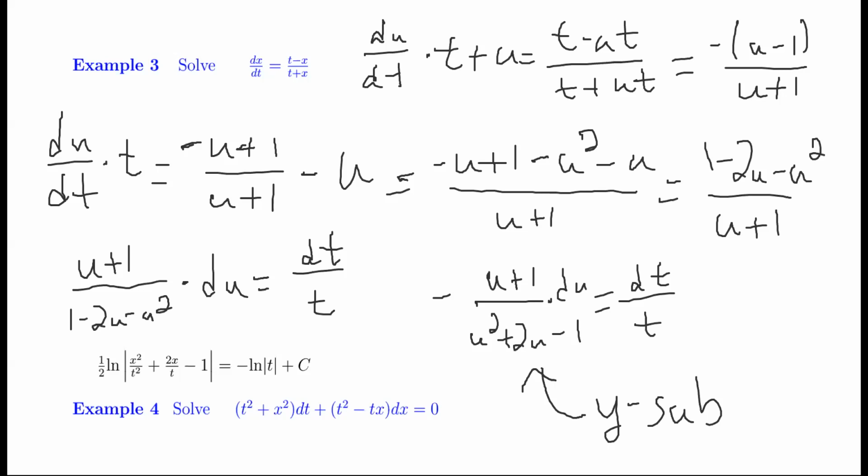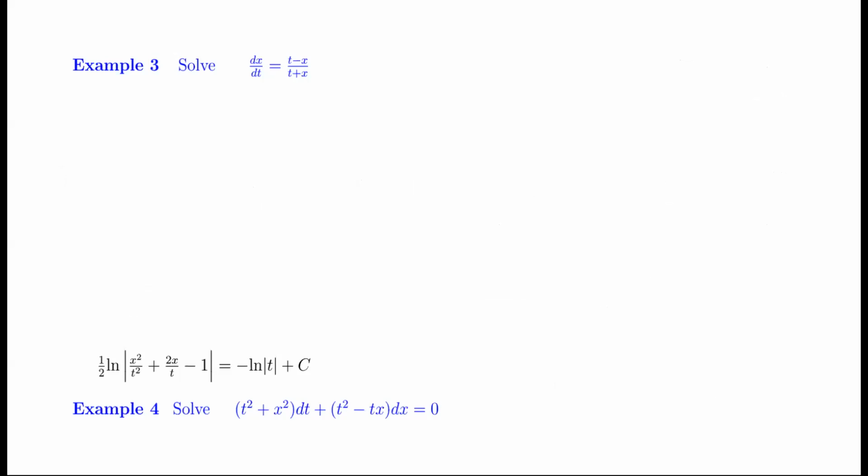So review that and do that substitution. And once you do that, you should get 1/2 the integral of dy over y is equal to, and multiply the negative on both sides to move that over to the right, negative the integral of dt over t.